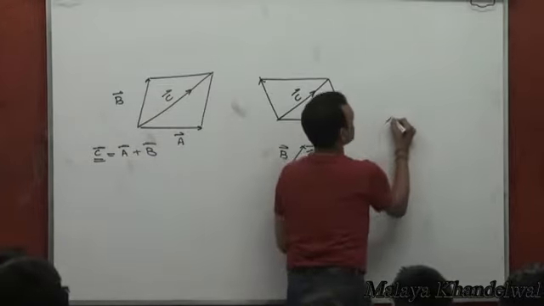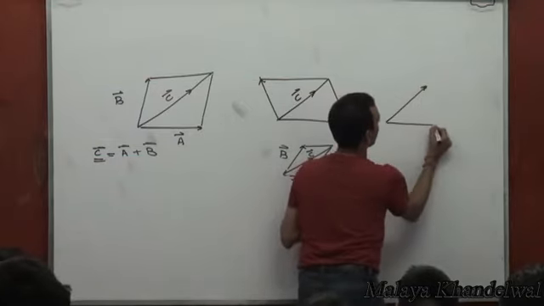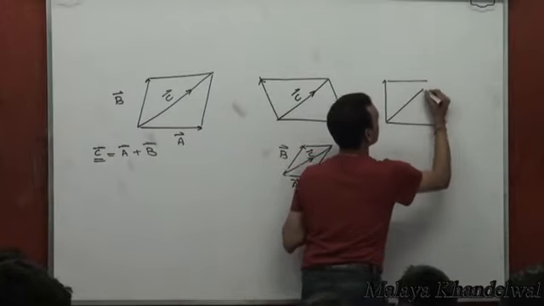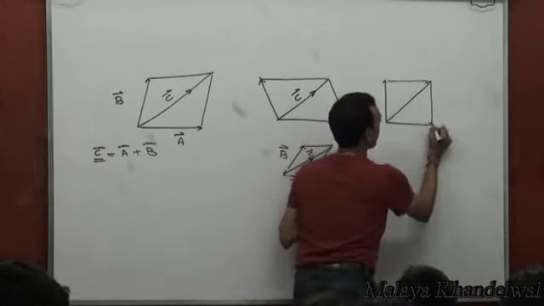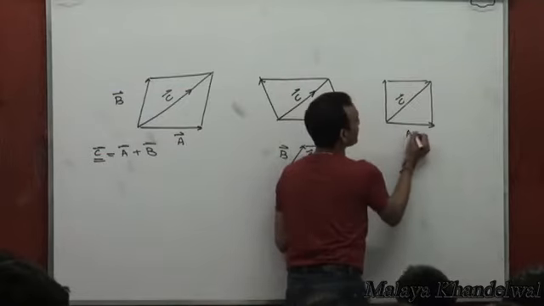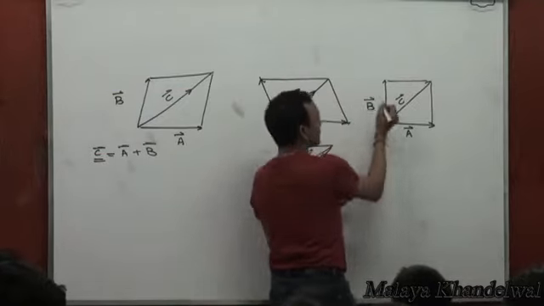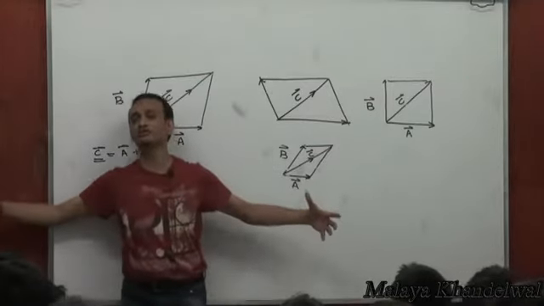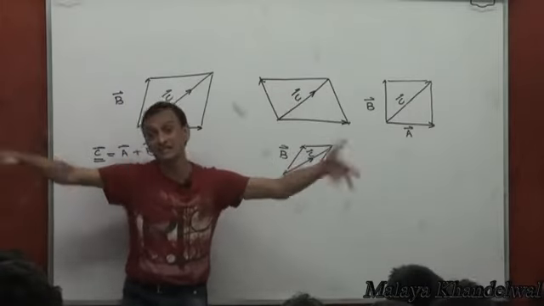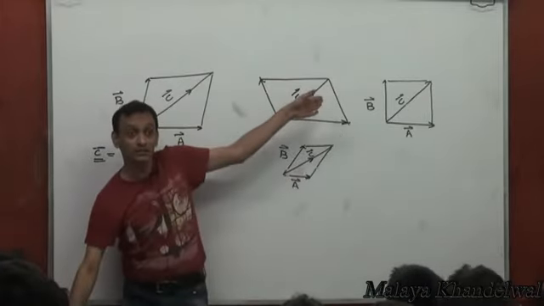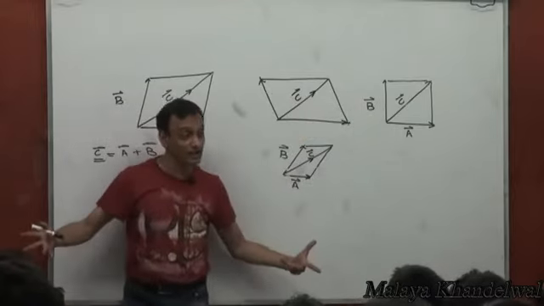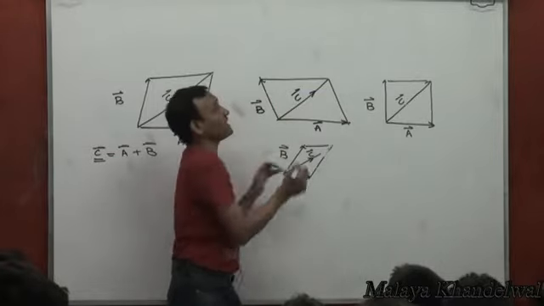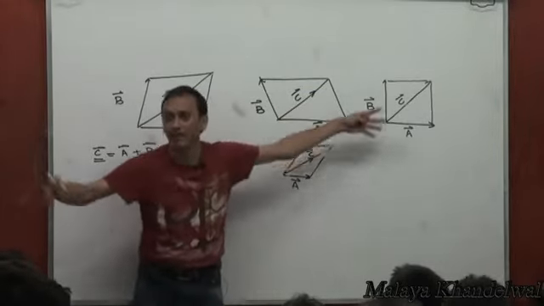Or I could construct a parallelogram like this, whose diagonal is C and whose sides are A and B. So there are infinite possibilities of constructing a parallelogram whose diagonal is C. So given the diagonal, the number of parallelograms is infinite. So the number of pairs of vectors A and B whose resultant is C is infinite.